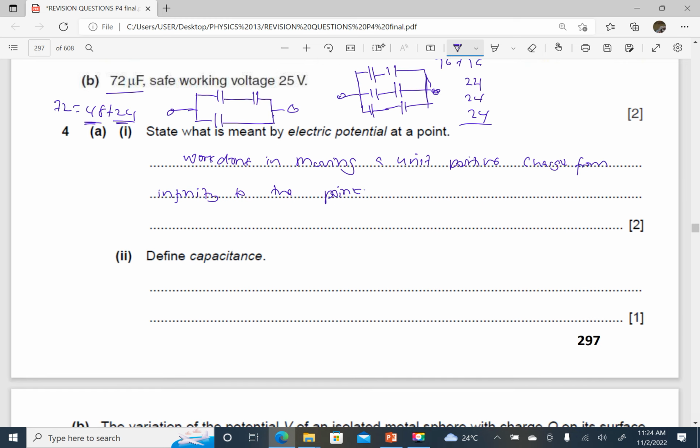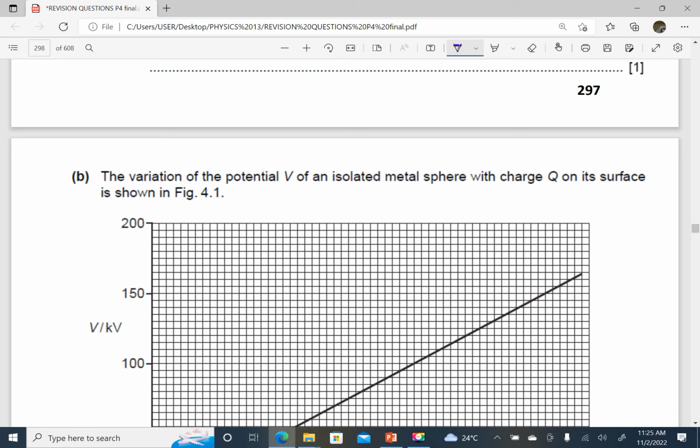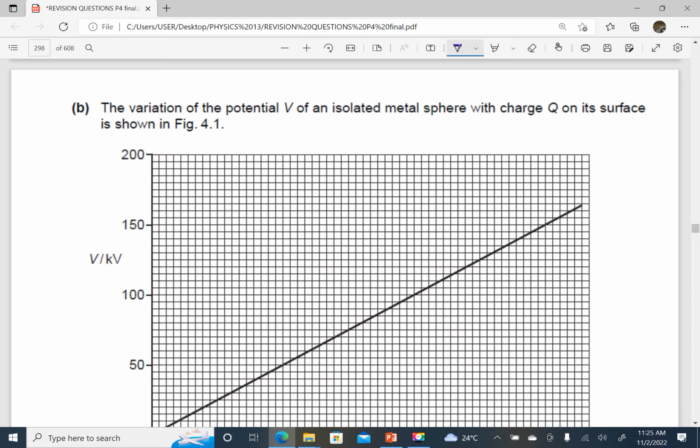Define capacitance. This is the ratio of charge to potential difference. The variation of the potential difference V of an isolated metal sphere with the charge Q on its surface is shown here.